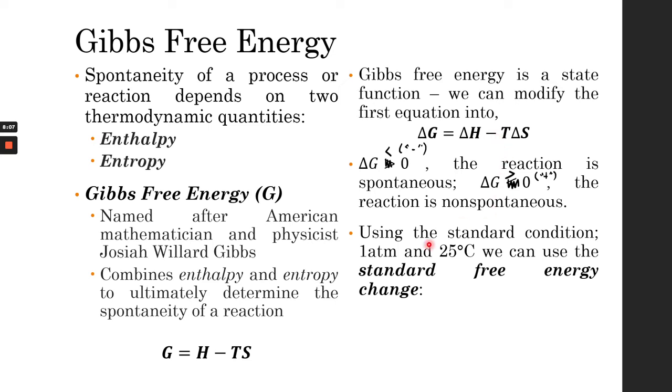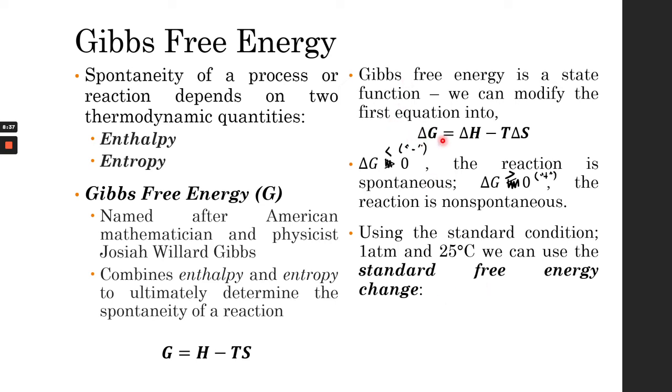So what we need to do is create a standard condition wherein we have a constant pressure of 1 atmosphere and a constant temperature of 25 degrees Celsius. 25 degrees Celsius is basically 298 Kelvin, which is the temperature that we use in these reactions to measure delta G. So using this standard condition, we can measure what we call the standard free energy change.